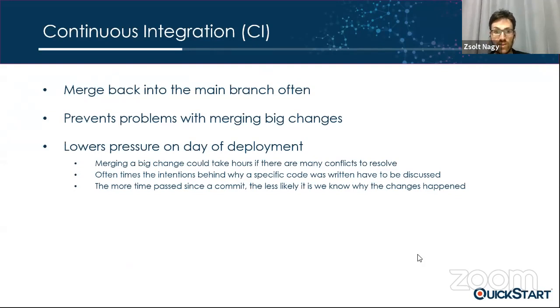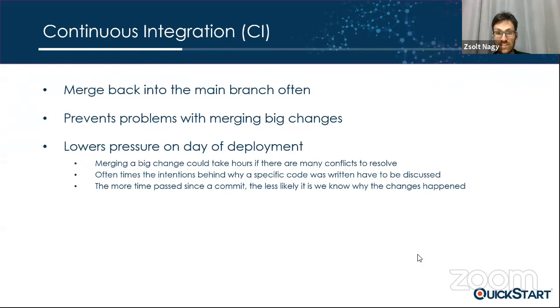This prevents problems with merging changes that are too big, and it prevents the Sherlock Holmes type of detective work of figuring out what happened a couple of months ago with another branch while we are merging now, because we don't understand the code of the other party.